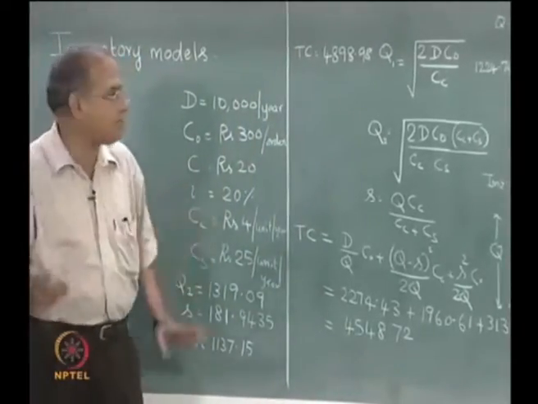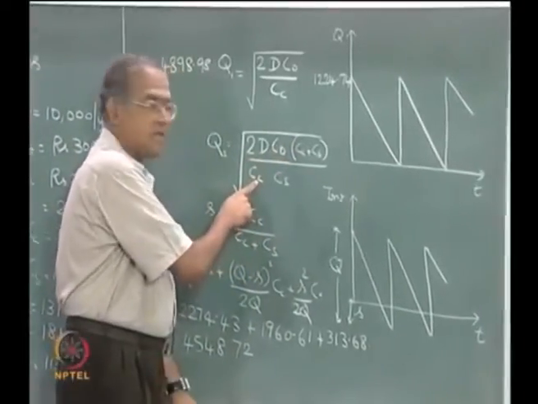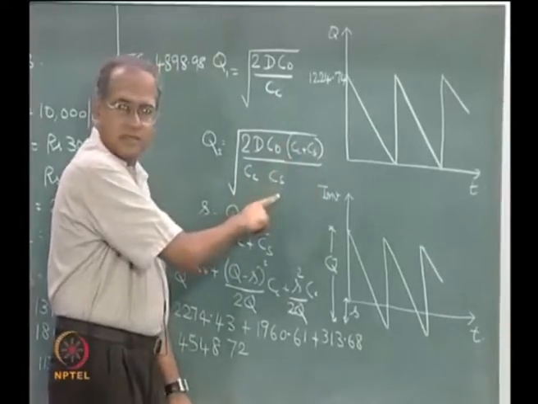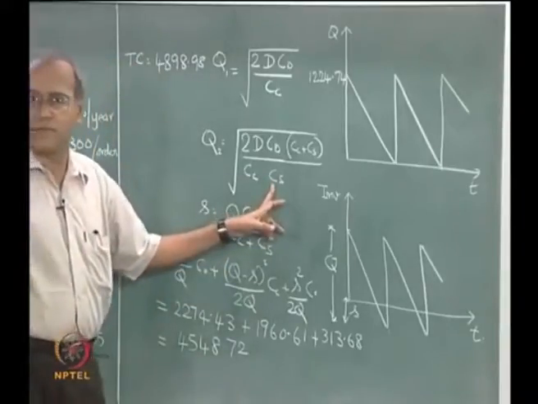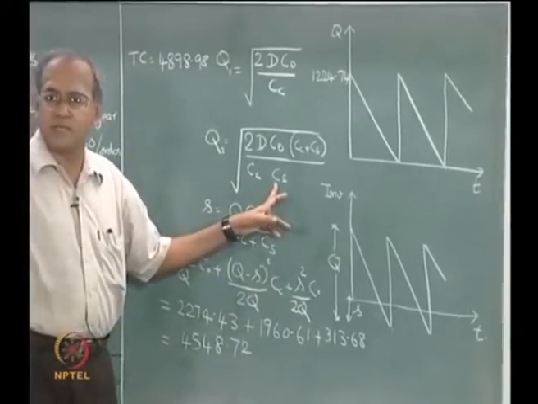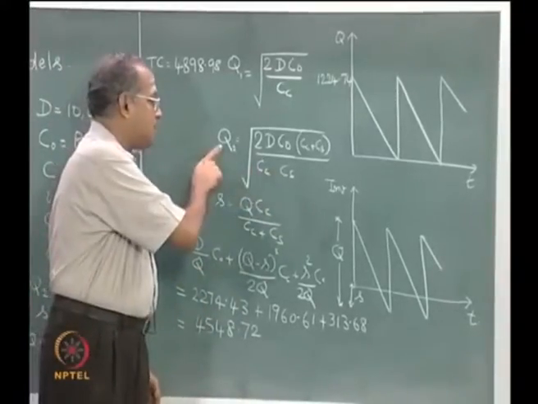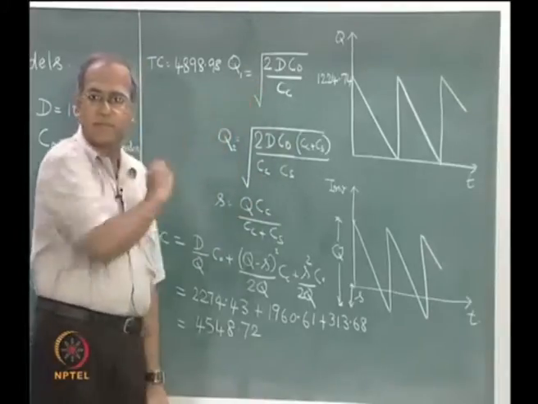That is also clear because we can rewrite this as 2D C naught by Cc into 1 plus Cc by Cs. So when Cs is infinity, Cc by Cs will become 0. So 1 plus Cc by Cs is 1. Therefore when Cs is infinity, this will become 2D C naught by Cc, which is the same model.